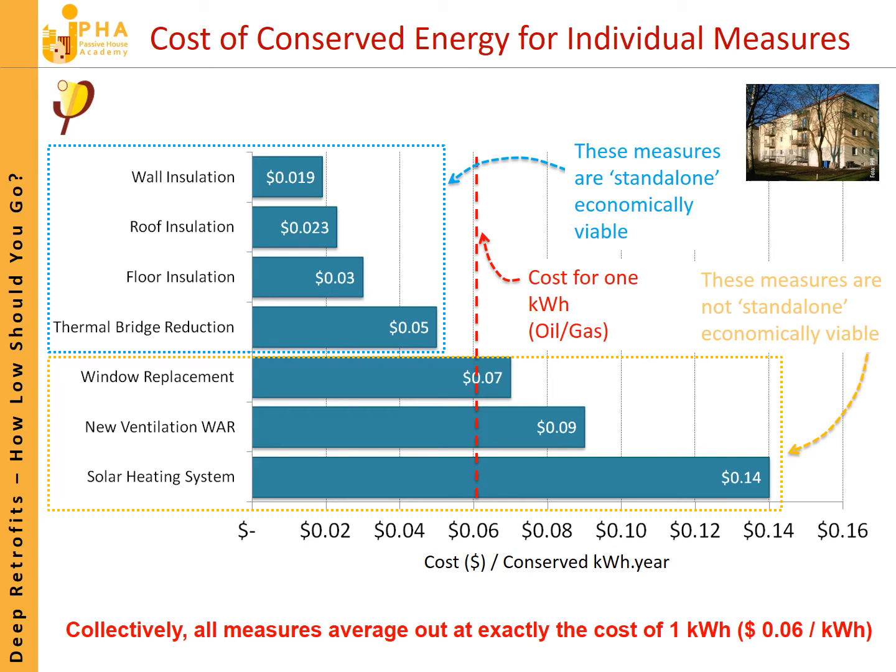But when you combine these 7 measures cumulatively on one project, such as the photograph in the top right hand corner, they all average out exactly at the same cost as it is to conserve a unit of energy. So some measures are on an individual basis very, very cheap to do, and other measures are more expensive, but on average they come in at the cost optimal approach.